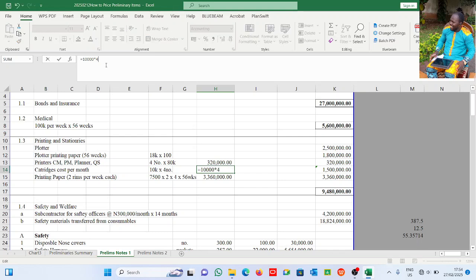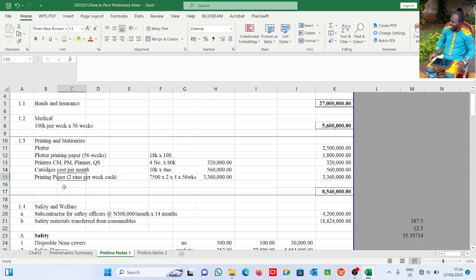For 4 number printers in a month, for 14 months. All right, this is basically what we have. 10,000 naira for one cartridge for 4 number cartridges. All right, for 14 months. So cost of cartridge per month.